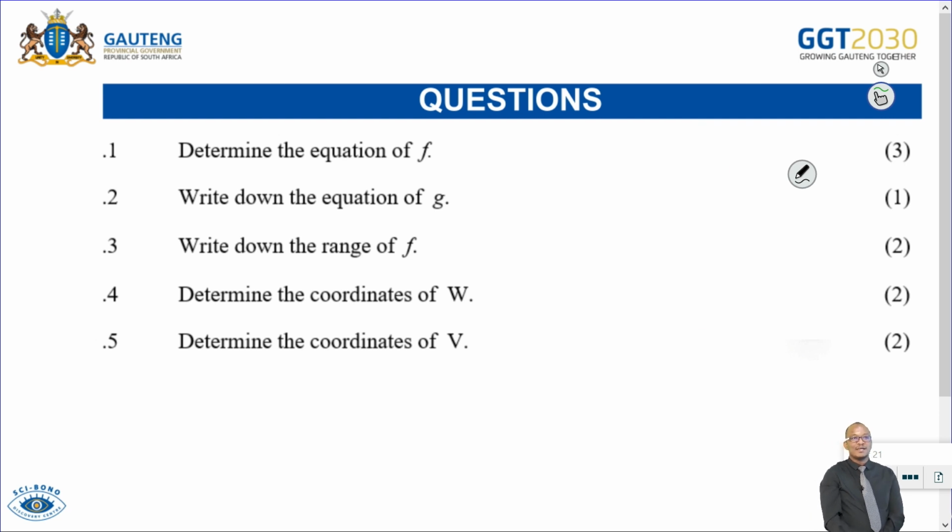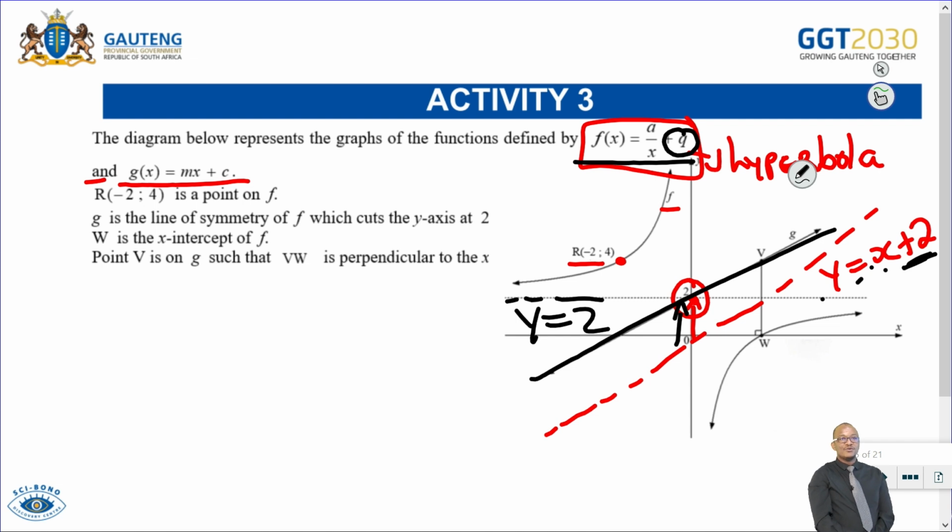So we must determine the equation of f, write down the equation of g, write down the range of f, determine the coordinates of W, and determine the coordinates of V. Now, when we look at this explanation that is given, already I've determined the equation of g.